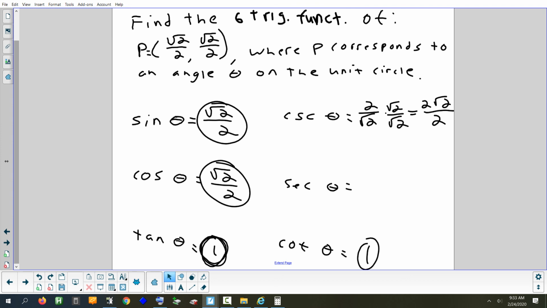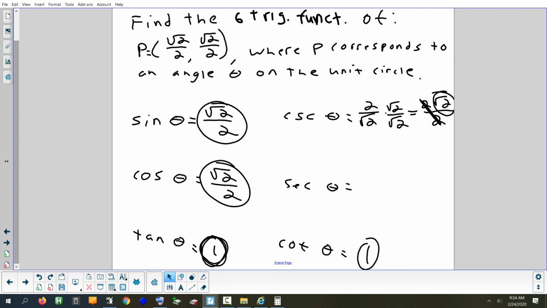And now, Sadie, what can I do here? Yeah, anything on the outside of the square root that's the same, I can cancel. So that turns into the square root of 2. All right, so Michael, based on that, we should be able to do the secant pretty quick. What's my secant?